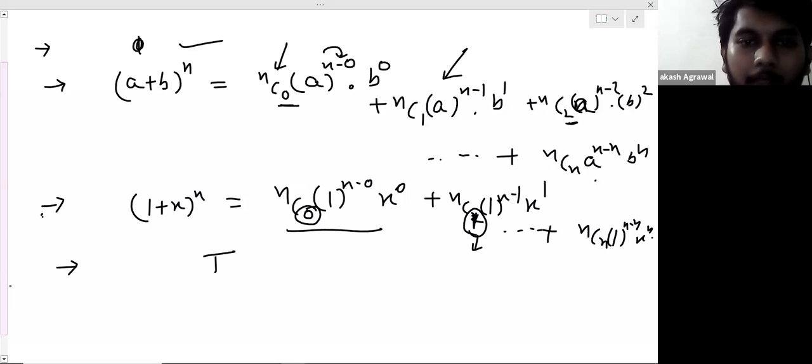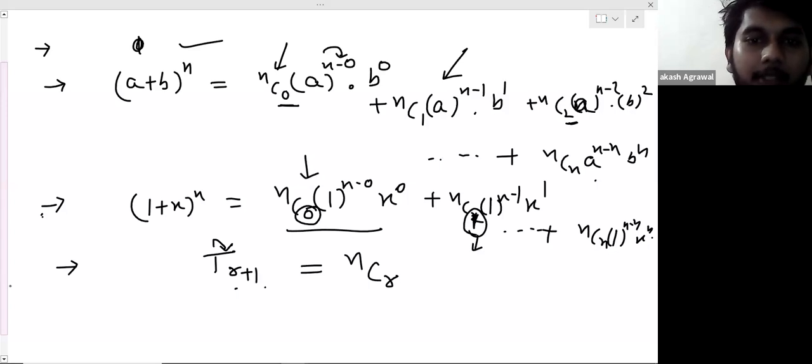So general term T(r plus 1), term r plus 1, is equal to nCr. Why so? In first term, the value is 0. That means 1 less. So we are finding r plus 1 term, so the value here we'll put is r. And x to the power n minus r, y to the power r.